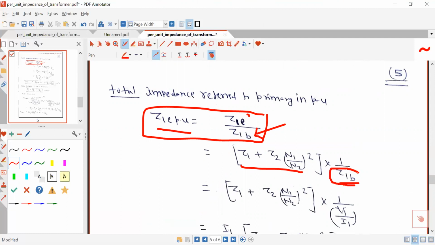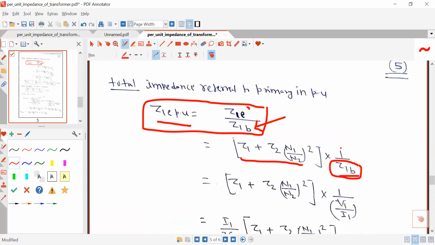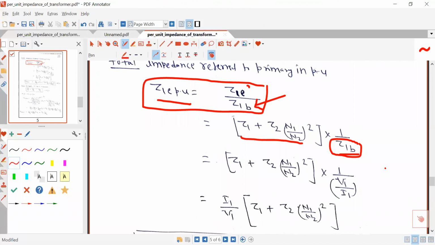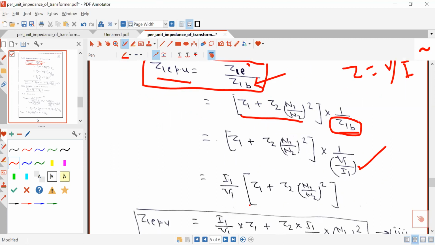As you know, the base value is derived from its rating, and the rating of the primary side is V1 and I1, so Z1B can be replaced in terms of the rating. This is the common formula: Z is V by I, and for the primary side it will be V1 by I1.